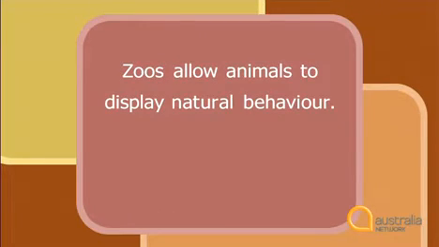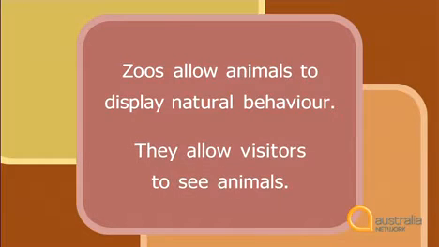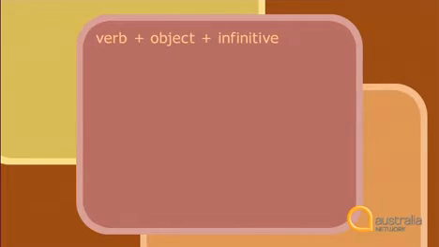Now, let's look at the third way Richard uses infinitives. He says, zoos allow animals to display natural behaviour, and they allow visitors to see animals. In English, there is a group of verbs that can be followed by an object and an infinitive.